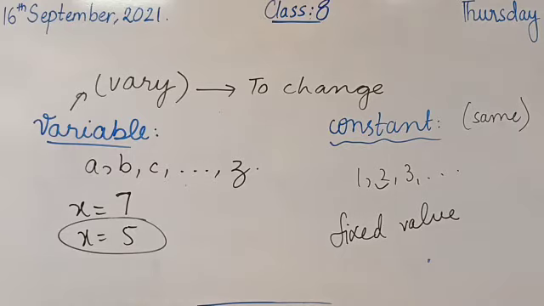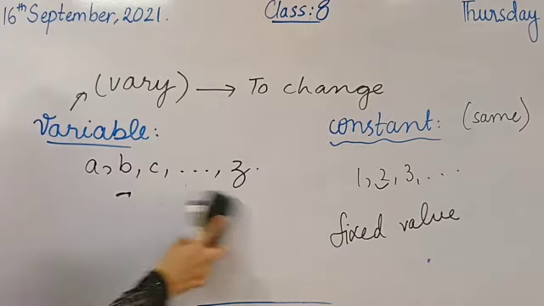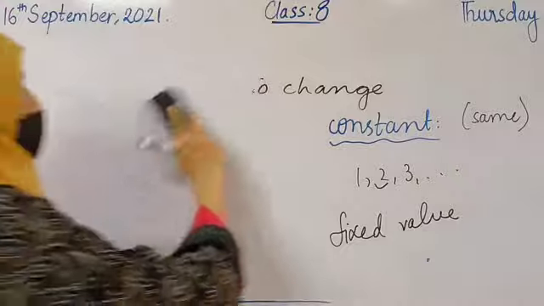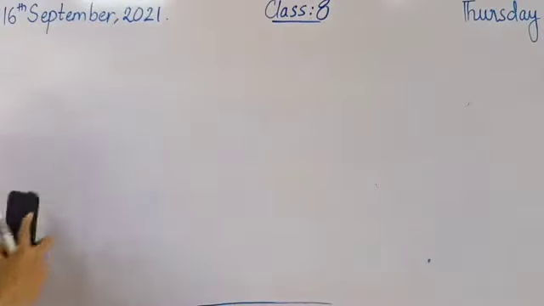Now see how an algebraic expression is formed. Any number, variable or any combination of numbers and variables connected by one or more signs of fundamental operations, okay, then an expression is formed. What are the basic fundamental operations of mathematics?